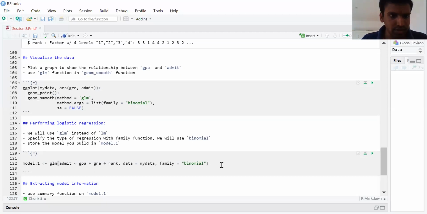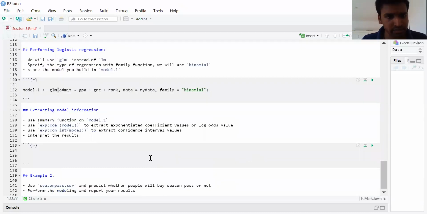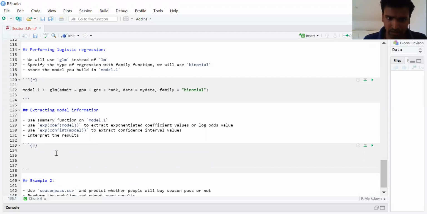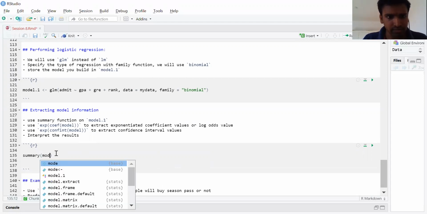And you also know how to extract information from models, and it is the same in the case of logistic regression. You take a summary of model 1.